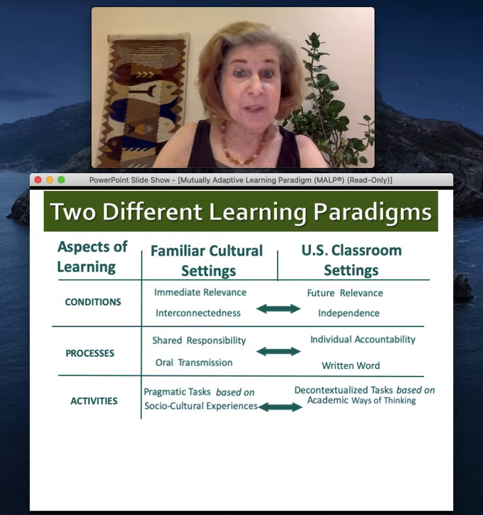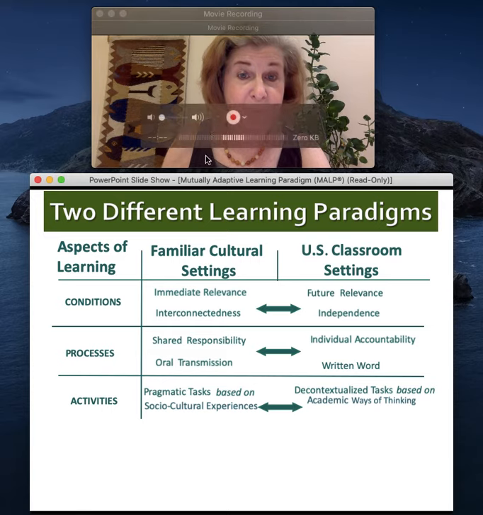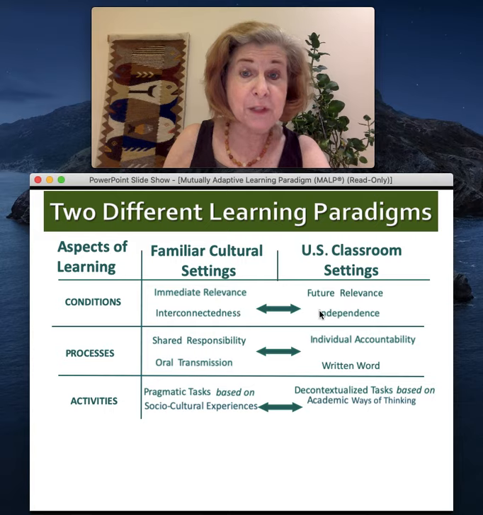And so we see that we have oral transmission versus the written word. That's our orality versus literacy. The collectivism, individualism is interconnectedness and shared responsibility versus independence and individual accountability.